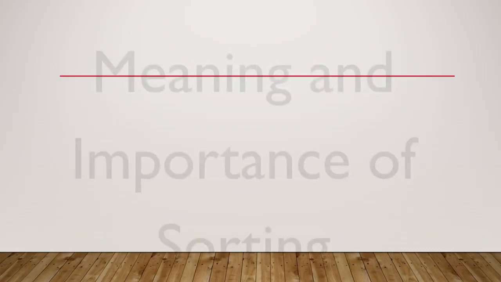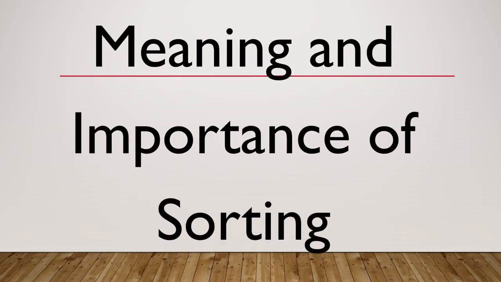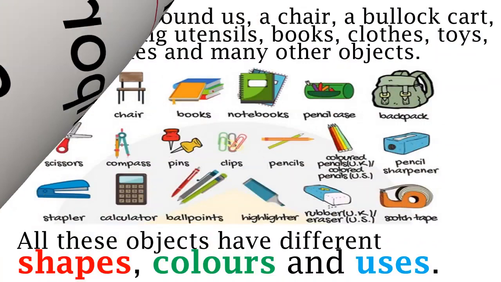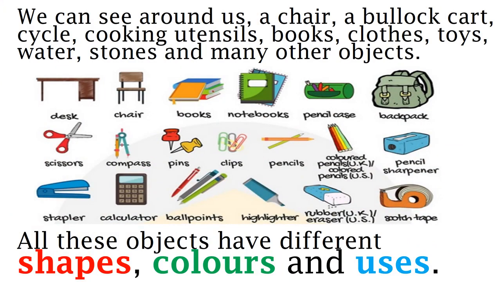Let's start the revision with the first topic, meaning and importance of sorting. We can see around us a chair, a bullock cart, a cycle, cooking utensils, books, clothes, toys, water, stones, and many other objects.